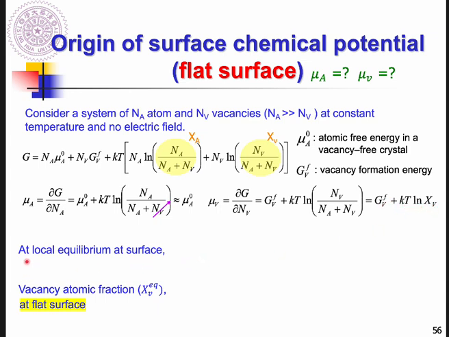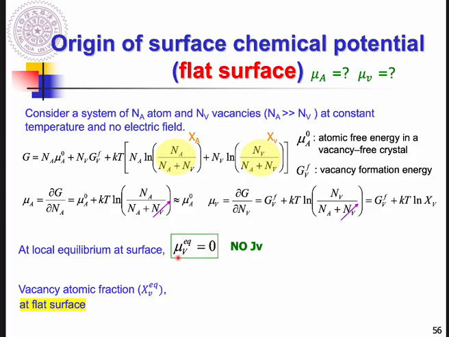Now we make a very important assumption here: local equilibrium at the surface. What this means is that the chemical potential of a vacancy equals a constant, equal to 0 here, under the equilibrium condition. This assumption is quite important because it helps you get the exact atomic fraction of vacancies.